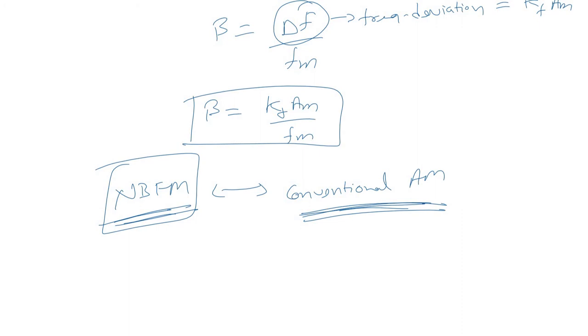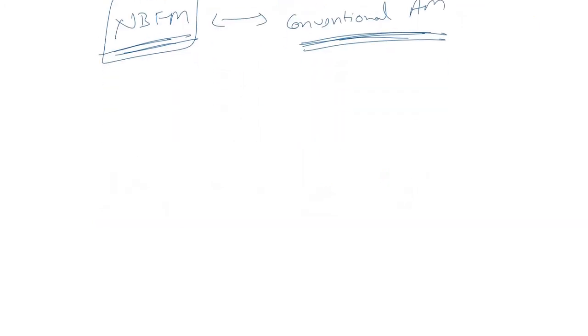Now in this lecture we'll discuss the wideband FM signal. Wideband FM is the type of frequency modulated signal whose modulation index is greater than 1.